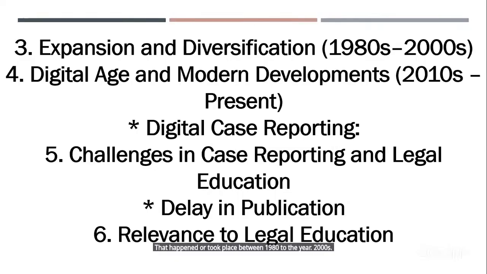And that led to what we can refer to as the introduction of multiple law reports, as well as several private publishers coming on board, and then they began to produce law reports with more regularity and variety.